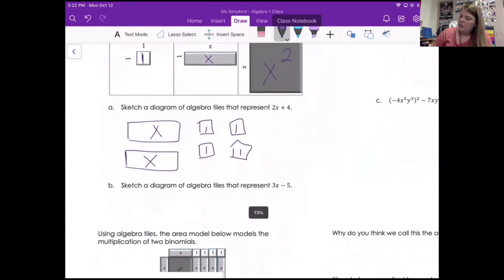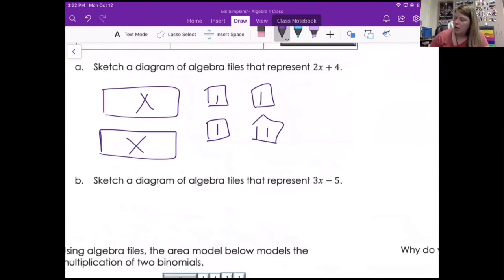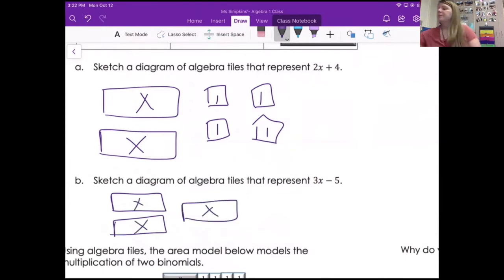What if I asked you to represent 3x minus 5? Well, we would obviously draw 1, 2, 3 x's. How could I represent minus 5? Anybody have an idea?